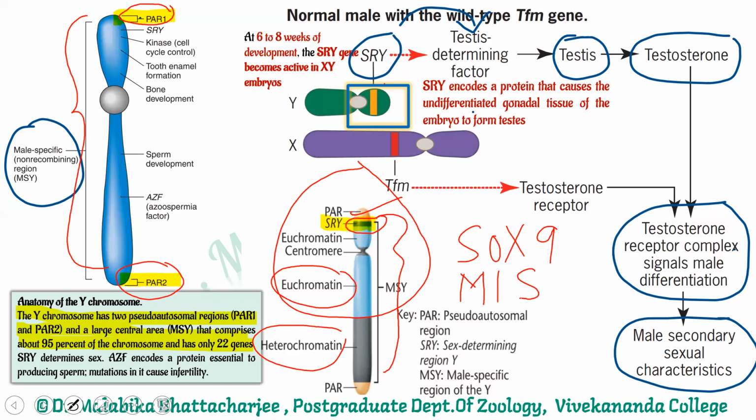If this gene is activated, as you can assume, Mullerian inhibiting substance is secreted from the testes, and this MIS protein then causes regression of the cells in the Mullerian duct. Once the Mullerian duct regresses, any further development of the female reproductive tract is prevented. So the testis determining factor ensures that the embryo will develop into a male embryo.